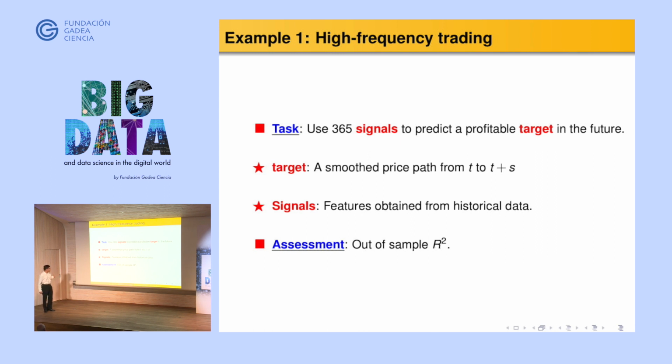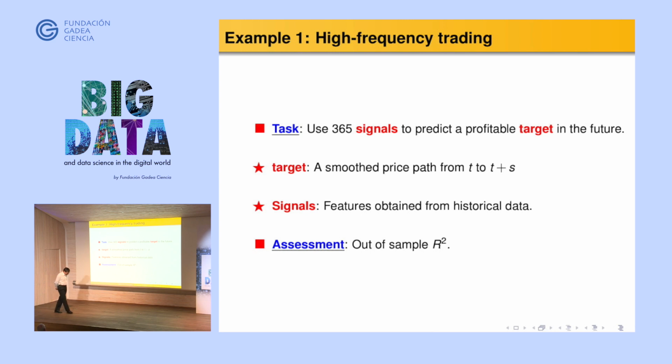The signal is obtained from historical data, let's say the moving average or the first few moments in the past, let's say 10 seconds, and so on. Our interest is how well we can forecast this.